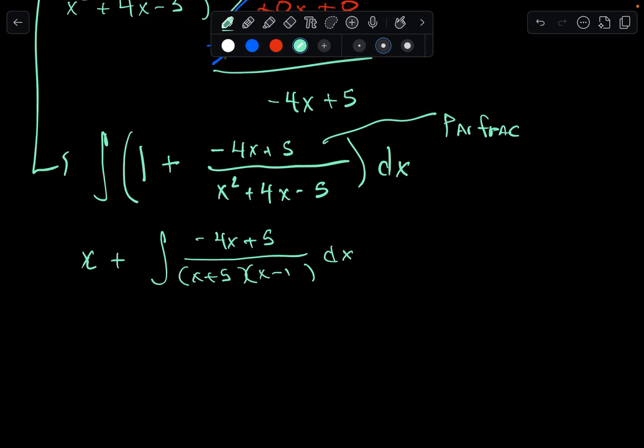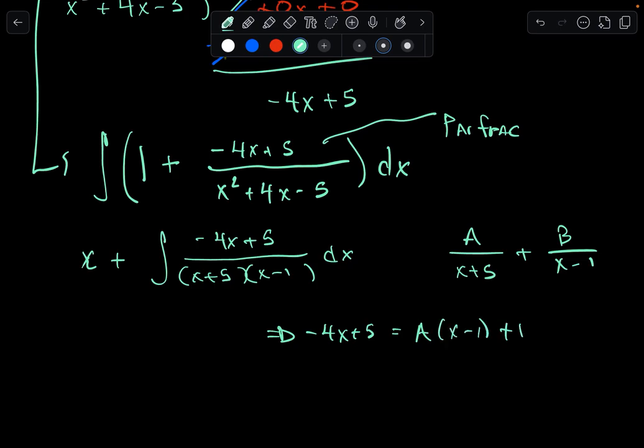So I have to decompose this fraction into some constant over x plus 5 plus some other constant over x minus 1. And that means that there's going to be an equation here where the numerator on the left, namely the one in the integral, is going to have to be A times x minus 1 plus B times x plus 5.